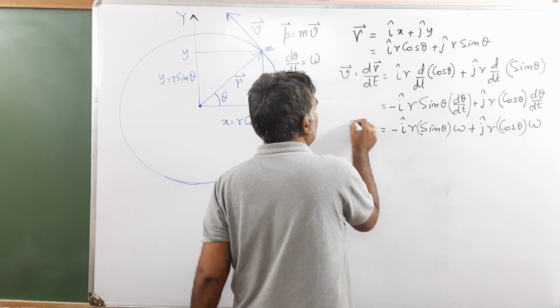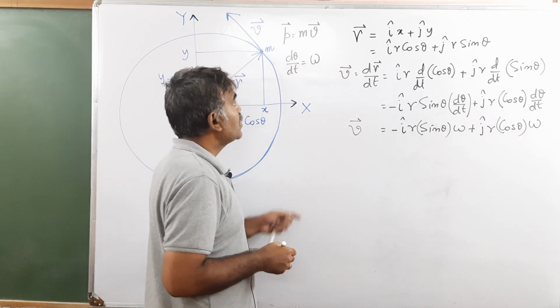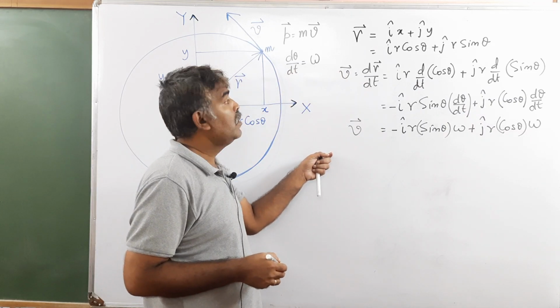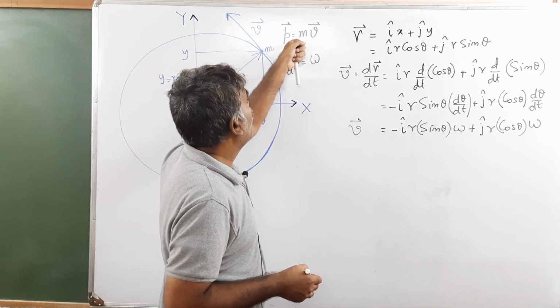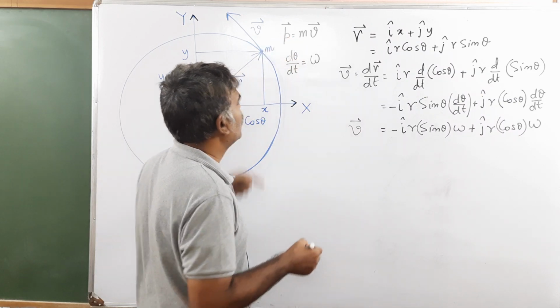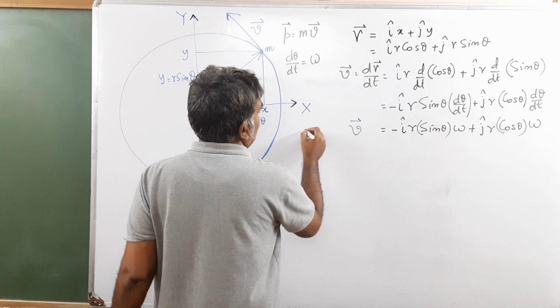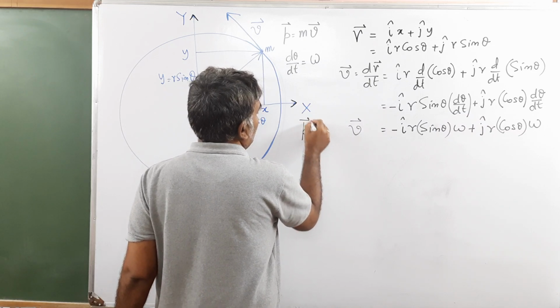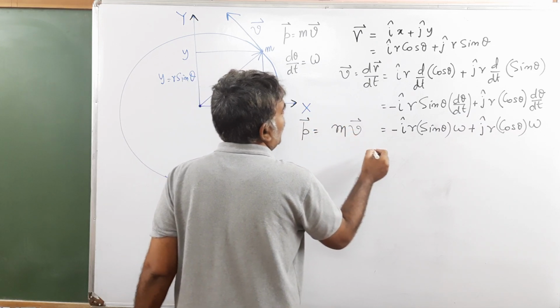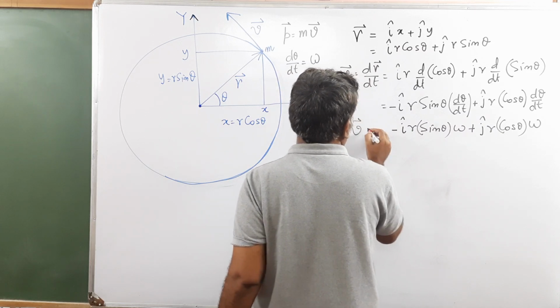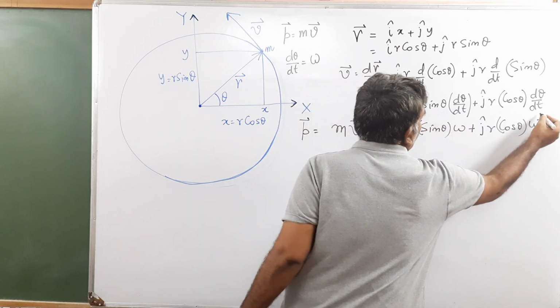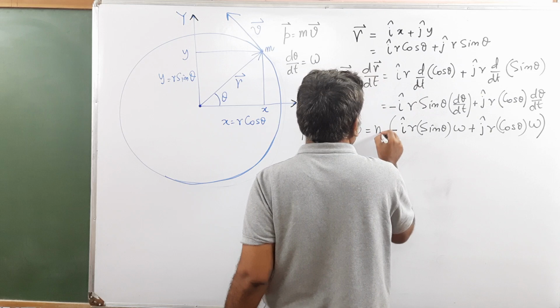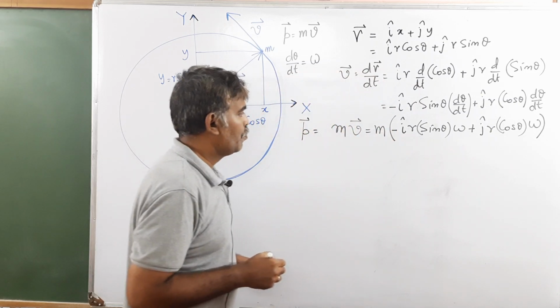So, this is v, but what do we need? We need momentum. Momentum is already there. What is p? p is mass times v. If you multiply this whole thing with mass, you get the momentum.